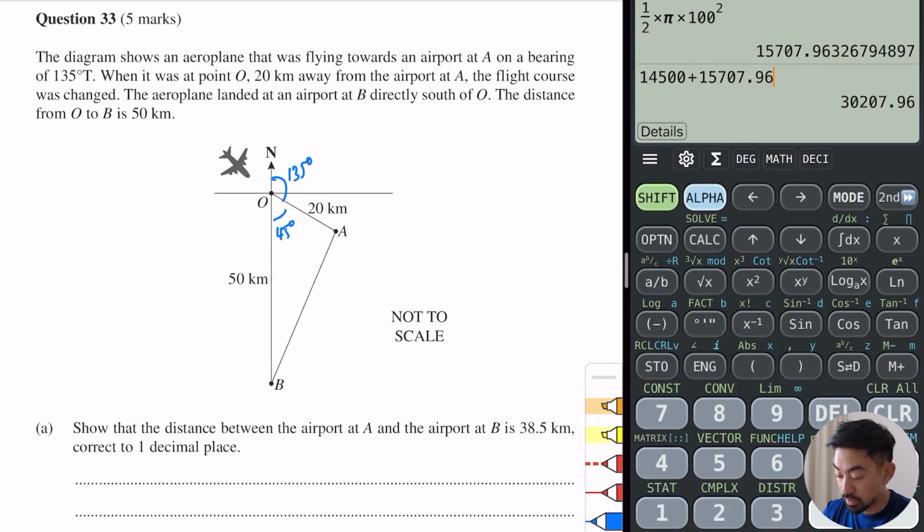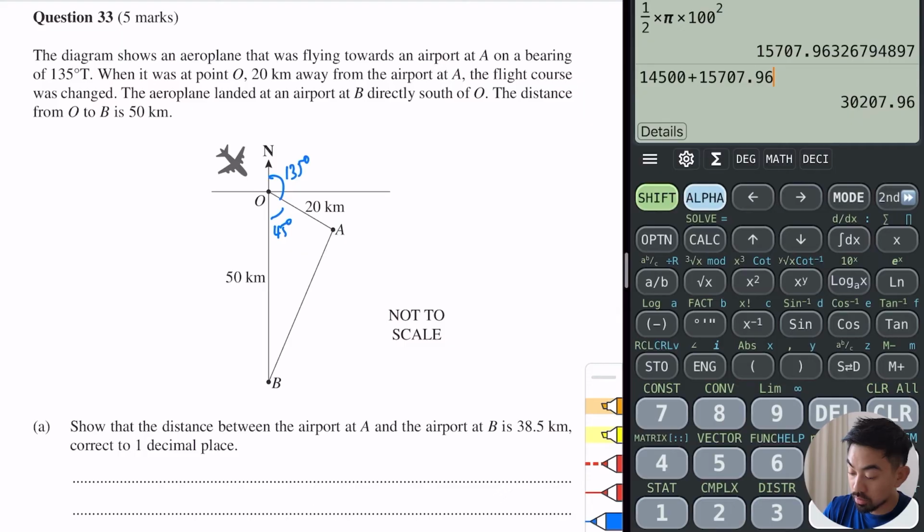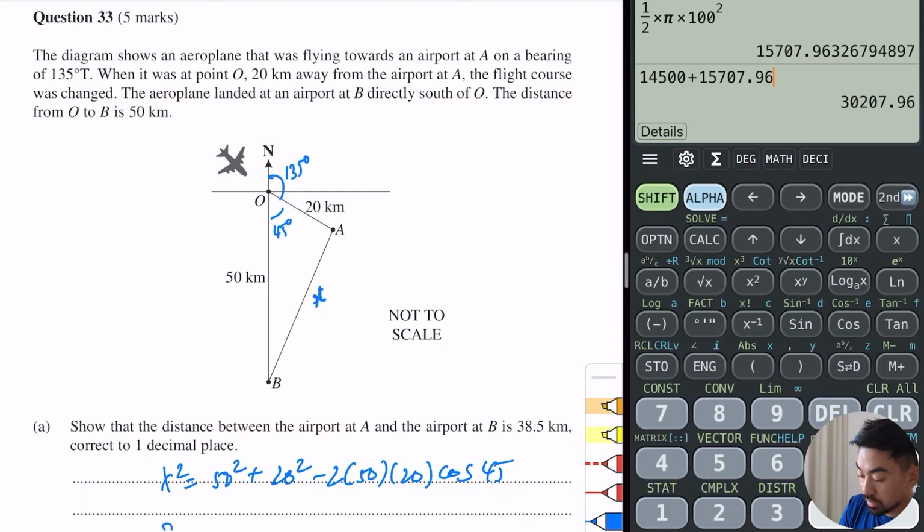I'm trying to find the distance AB. So if I label that x, hopefully you can see this is going to be a cosine rule. So here we go. x squared is equal to a squared plus b squared minus 2ab cos 45. And we're going to square root whatever answer we get here.